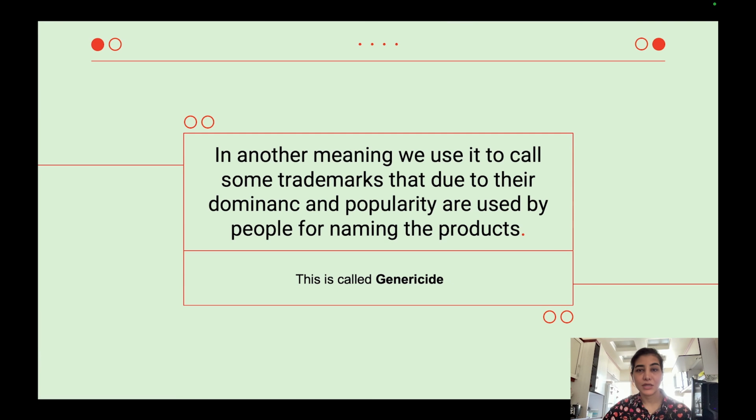In another meaning, we use it to call some trademarks that, due to their dominance and popularity, are used by people for naming their products. I give you some examples so you understand it more.